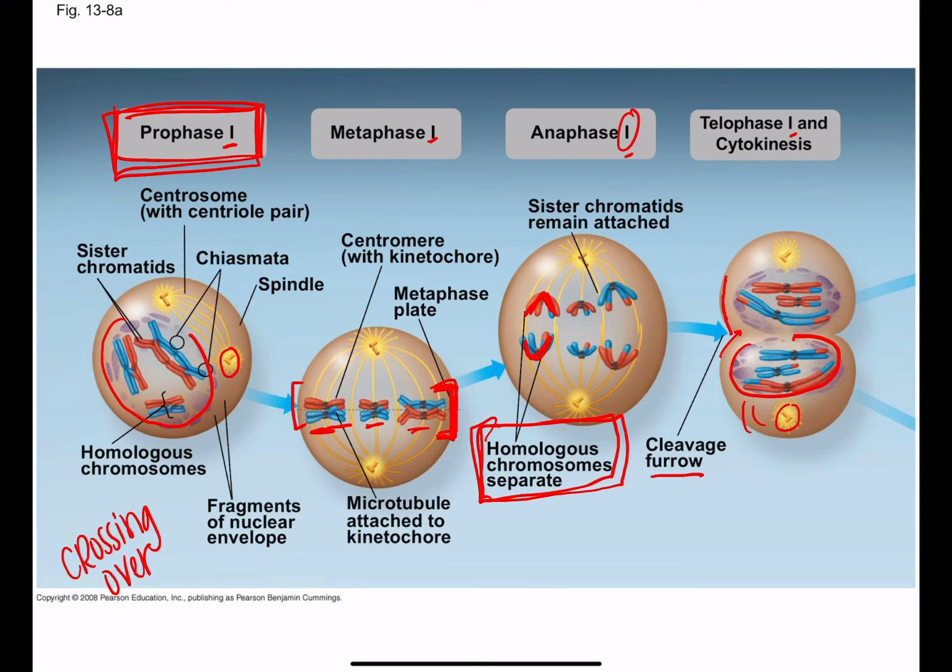Okay? If you took the same zygote, the same fertilized egg, which you can't really do, but if you did, and you took it through meiosis, you could have different combinations that are produced because they line up different on the metaphase plate every time. Okay?